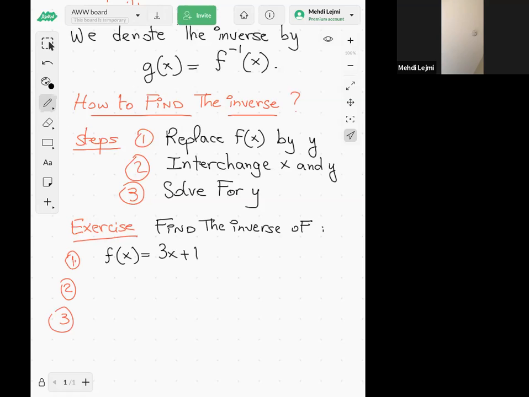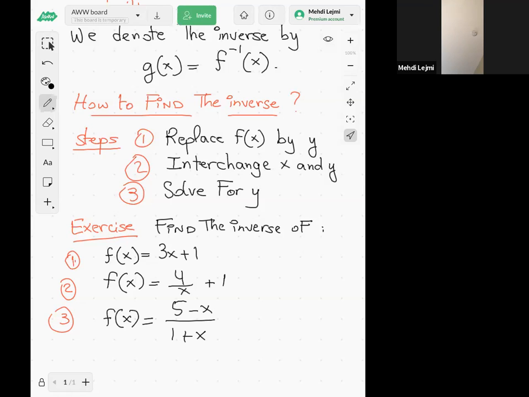The second function was 4 over x, plus 1. And the third function was 5 minus x over 1 plus x.